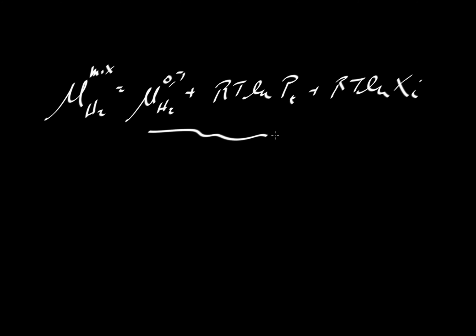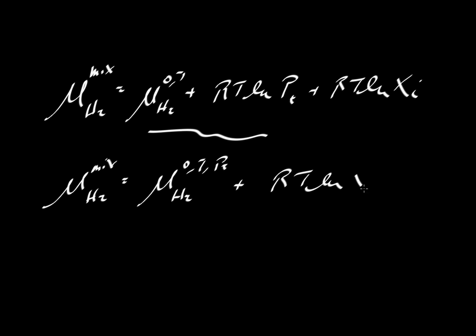And then, of course, we can combine this to simply say that the chemical potential of H2 in a mixture is equal to the chemical potential of H2 of pure stuff at temperature and a reference pressure, so this is our total pressure there, plus some correction for the fact that we have an impure gas. So we have this form here.